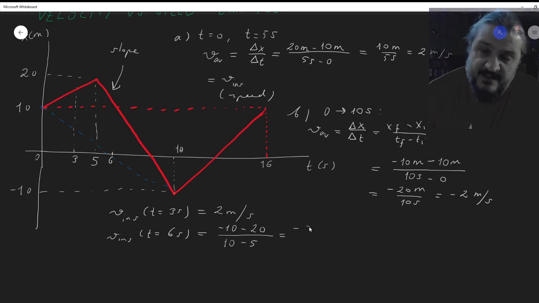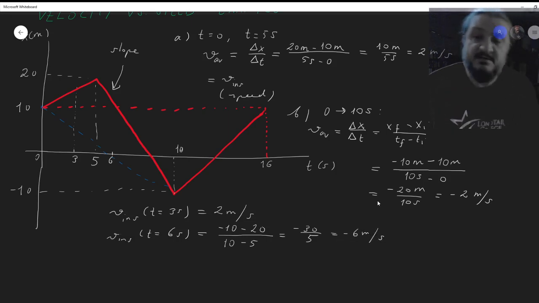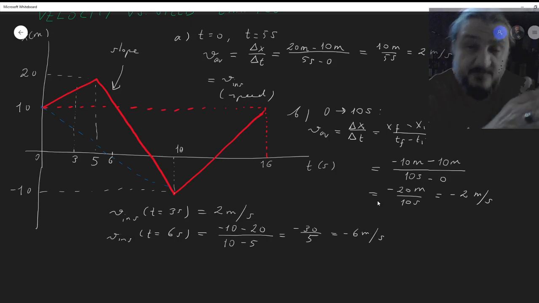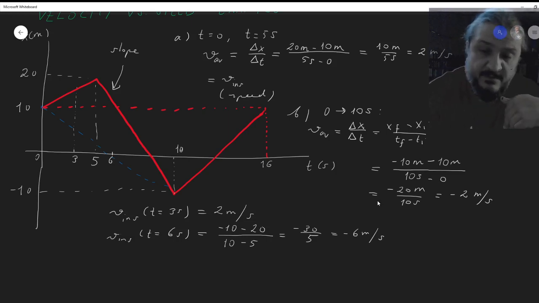So we have negative 30 divided by 5, right? So negative 6 meters per second. Okay, so we have two instantaneous velocities: 2 meters per second in the first one, and in the second one, negative 6 meters per second.